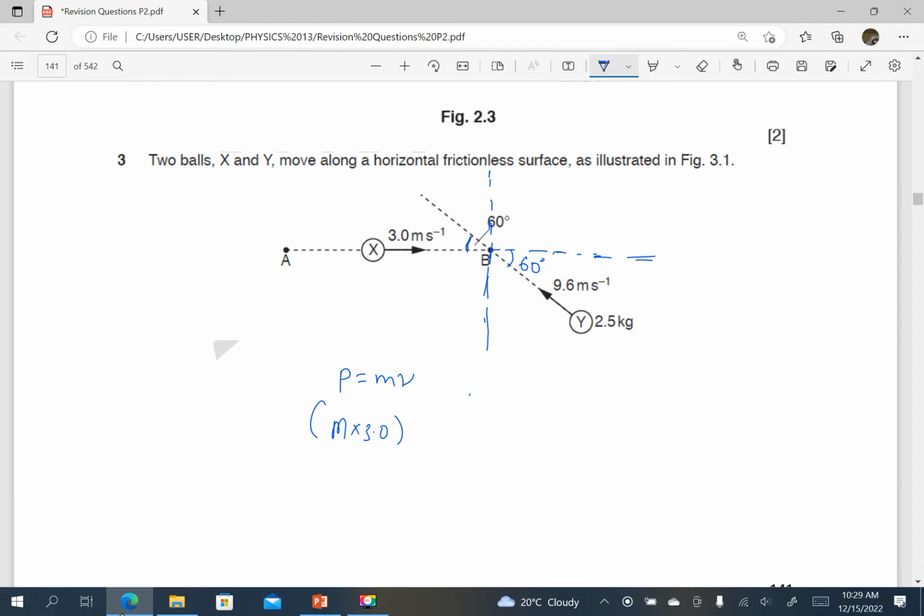This was moving towards an angle, that when you resolve y, its velocity in the horizontal axis will actually point to the left. So this will be minus. So the mass is 2.5 times the velocity, which is going to be 9.6. When I resolve 9.6 in the horizontal, it will be cos 60. So this is total initial momentum in the horizontal.